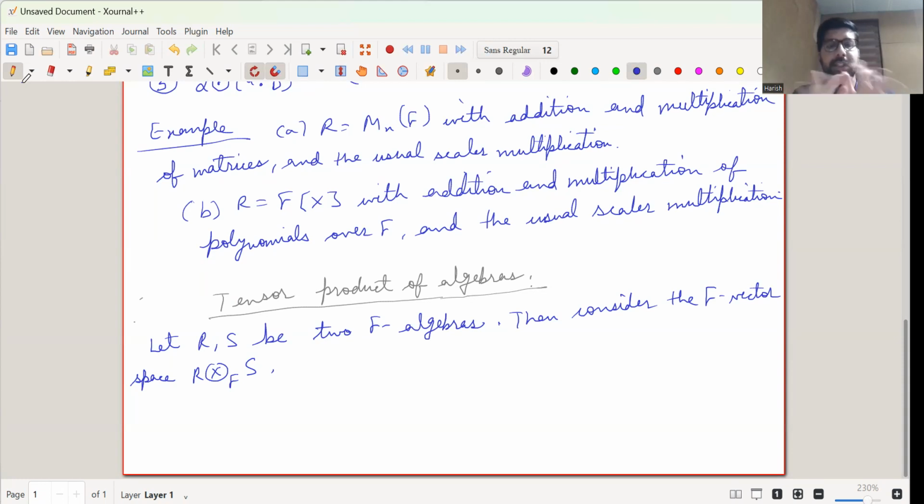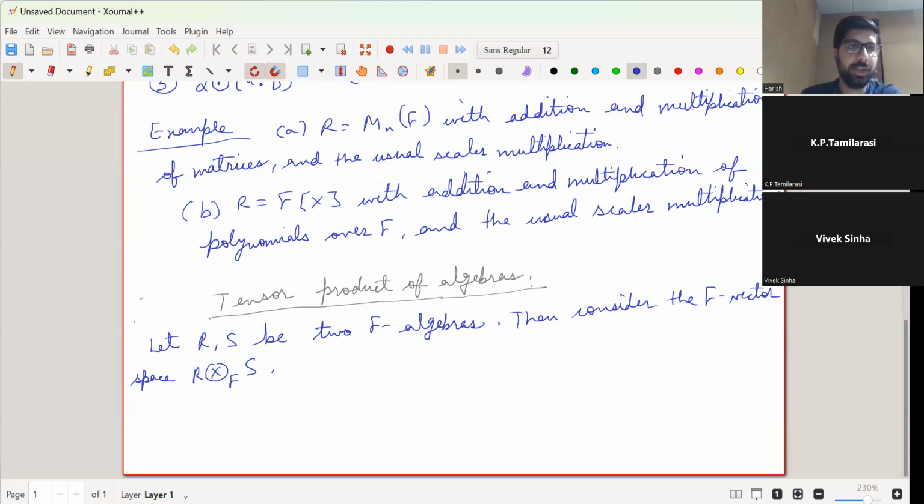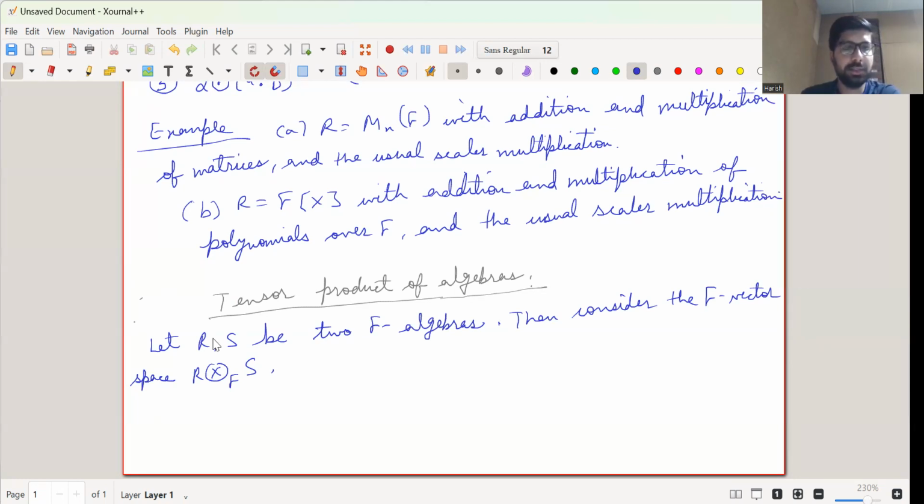We have seen the tensor product of vector spaces. So if you forget the ring structure over R and S, you just consider them as two vector spaces, and then we know how to define the tensor product of two vector spaces. Thus you consider R tensor S, and then we will give a ring structure over this R tensor S and make it an F algebra.